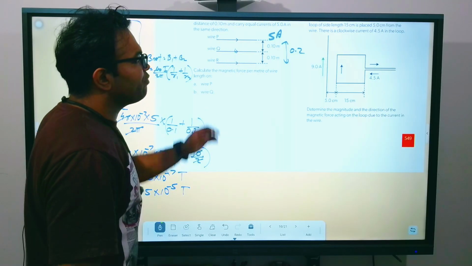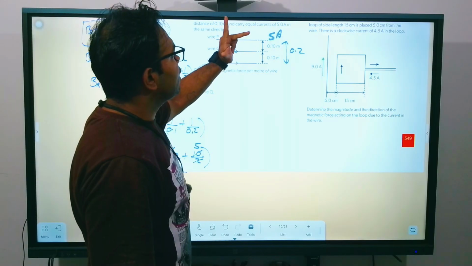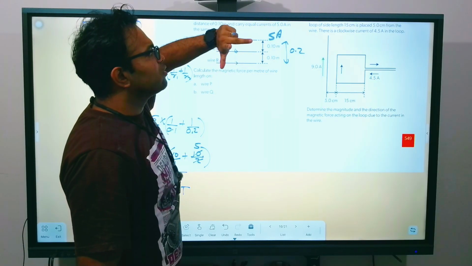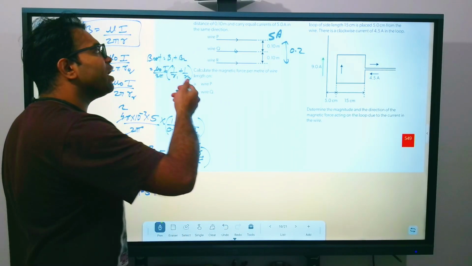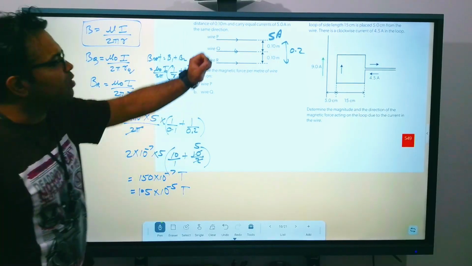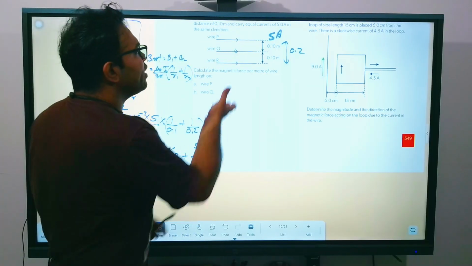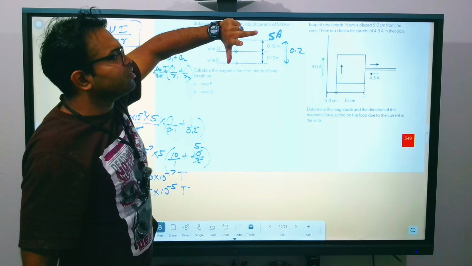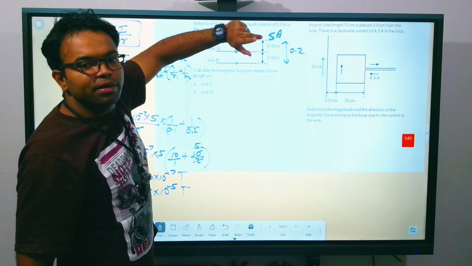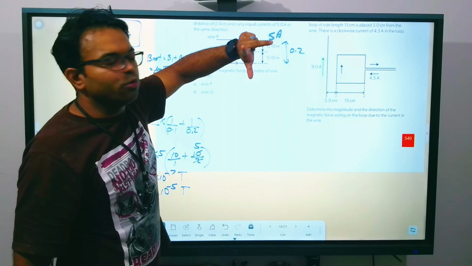Now let's use the left hand rule. The current is like this, and the magnetic field is like this. So the force will be acting downwards. The wire P will be forced to move downwards. Middle finger is the direction of current, the magnetic field is coming outwards, so the force, this thumb, will be acting in the downward direction. This is how you do it.